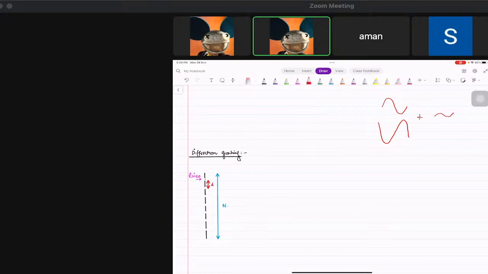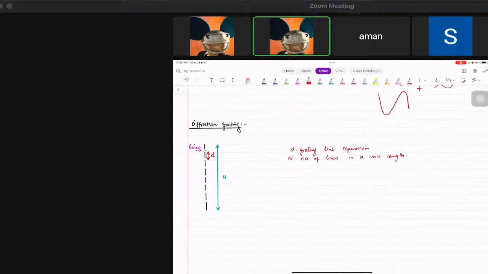So d is the grating line separation, and N is the number of lines in a unit length.